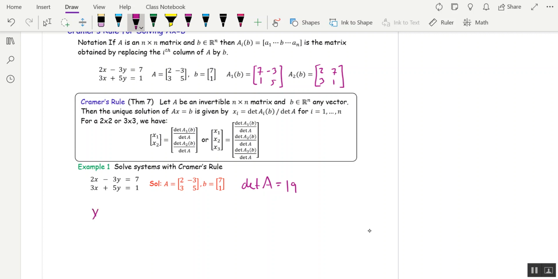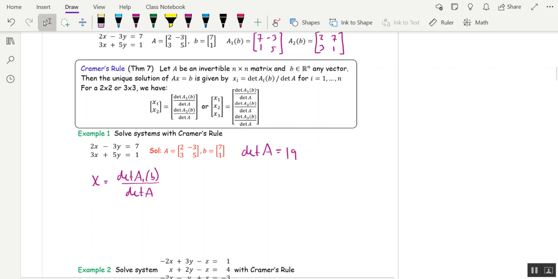Okay, so x is equal to, instead of x1, x2, I have x, y. I'm going to state my formula, determinant A1 of B over determinant A. Okay, so I stated the formula, now I'm going to use it. Determinant of A1 of B, we found A1 of B above.